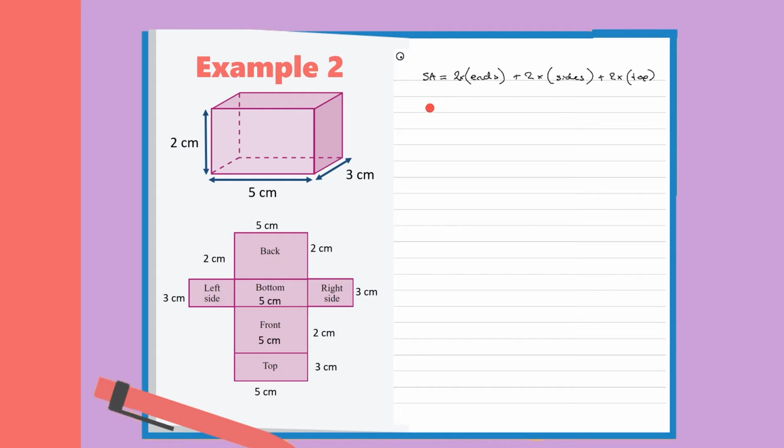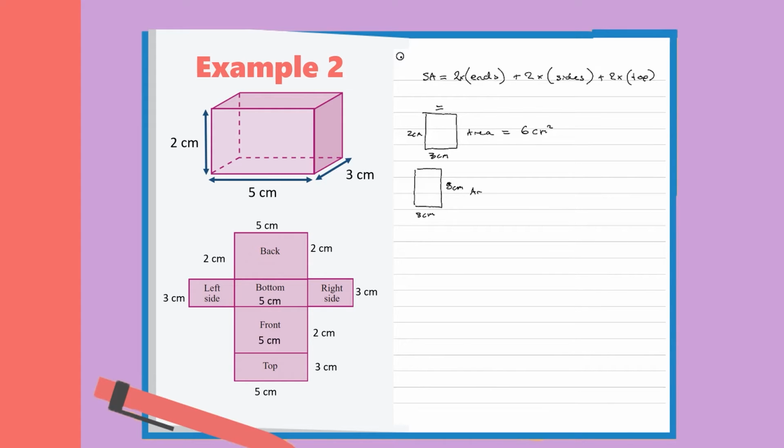So the area of our ends is going to be equal to, well, let's draw a small diagram. We have 3 centimeters by 2 centimeters. So the area is equal to 2 times 3, which equals 6 centimeters squared. And if we look at the top rectangle, we can see that it is 5 centimeters by 3 centimeters.